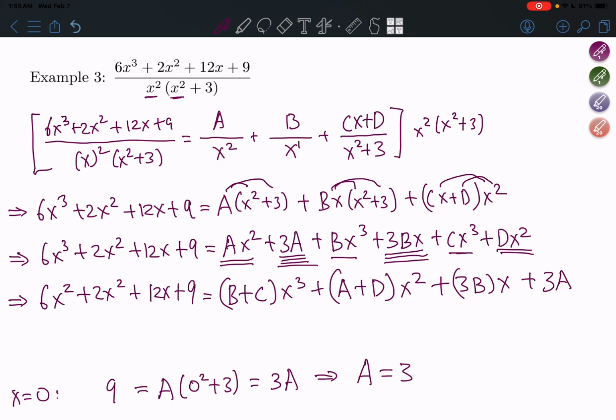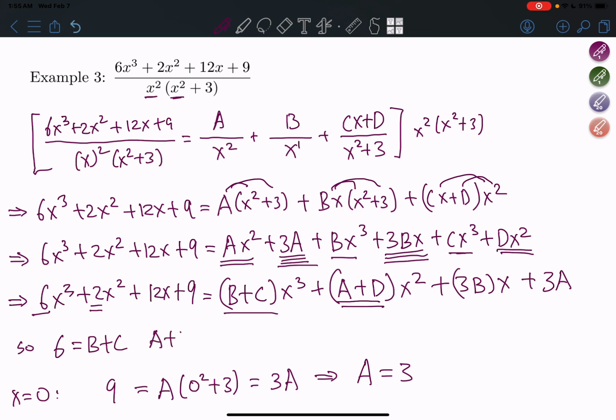Okay? But now we can see the matching of the coefficients. 6 is the coefficient for x cubed, same thing as b plus c. So 6 equals b plus c. 2 is the coefficient for x squared, and a plus d is the coefficient for x squared.